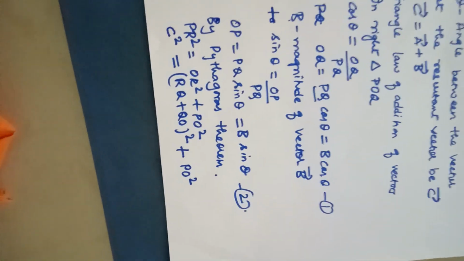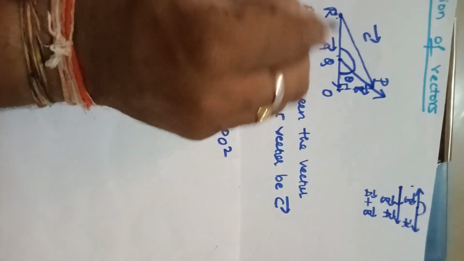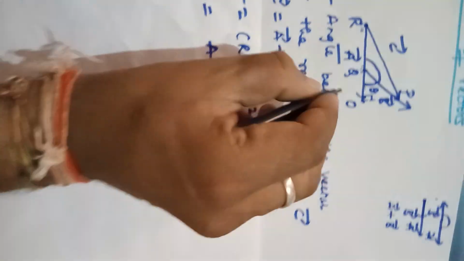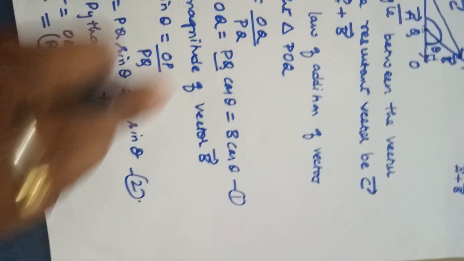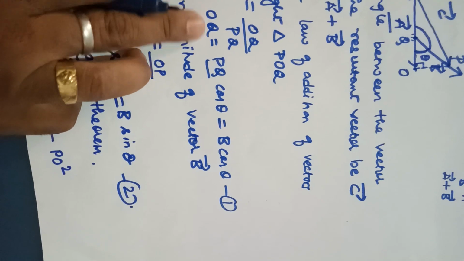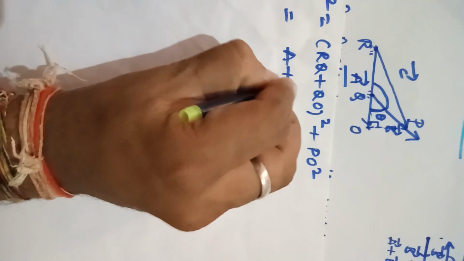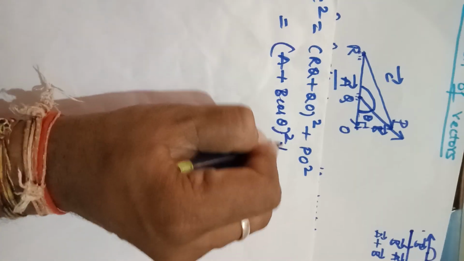I've just written the previous step here. Now what is RQ? RQ represents the magnitude of vector A. So I'll write A. What is QO? From equation 1, QO or OQ is nothing but B cos theta. So I'll write B cos theta here, with the whole square.